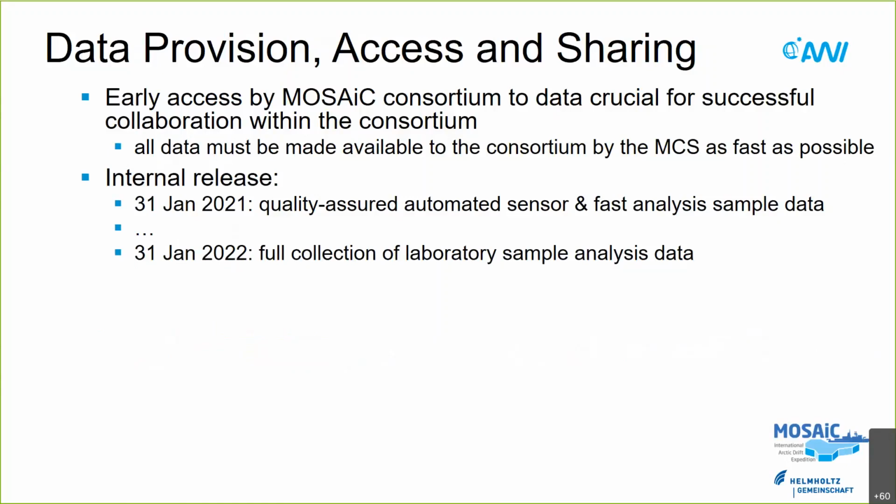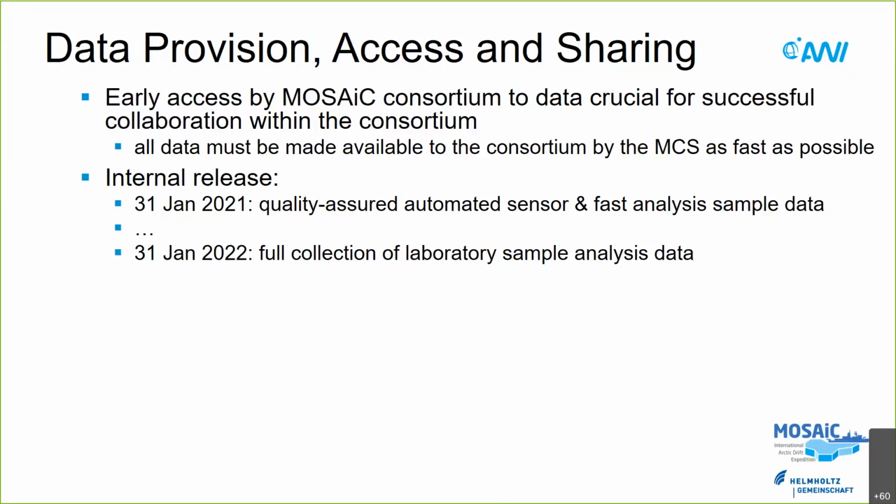Now, when it comes to data provision, access, and sharing of MOSAiC data, first of all, the data will end up at the MOSAiC central storage as non-published data, but these are available to you in the consortium, and the data policy defines some release deadlines for different types of data.